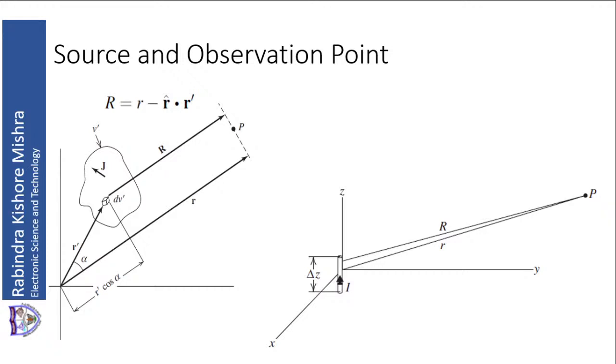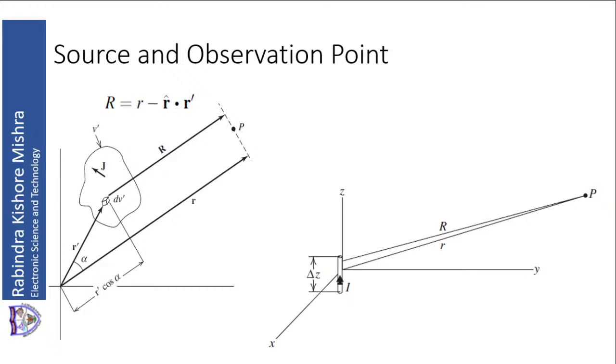Now why is capital R equal to r minus r cap dot r dash? What we have done here is, we have two parallel lines. One is from the origin, one is from the volume, and from the elemental volume dV dash we have dropped a perpendicular which meets the other line coming from the origin. Therefore, from where it meets the other line towards infinity, their lengths will be the same.